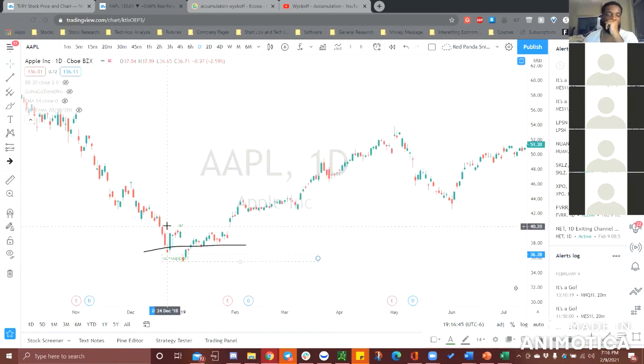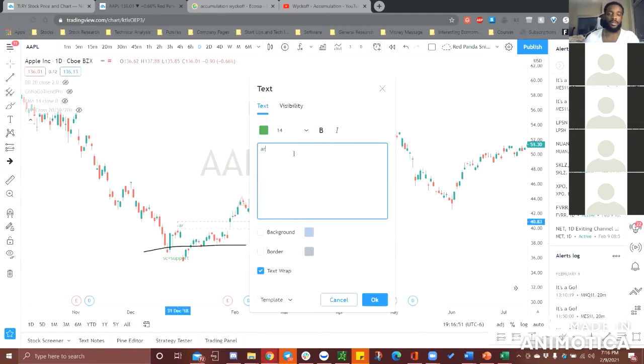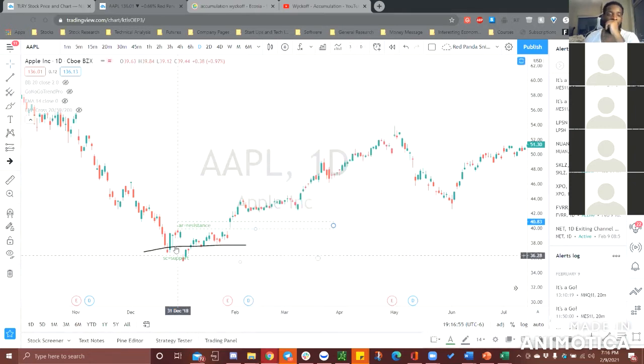And this would be your automatic rally, which you consider your resistance. It's basically saying that this is now defining your trading range.